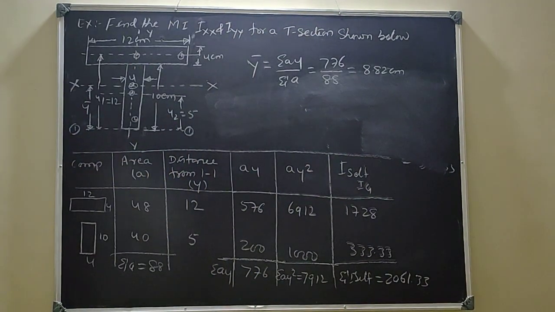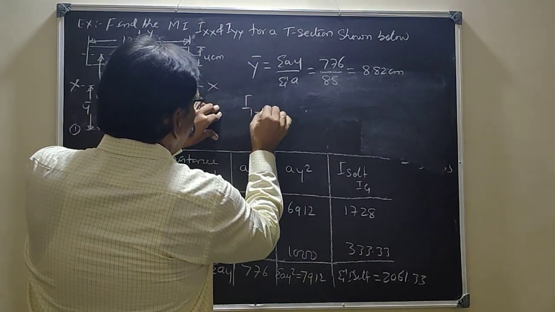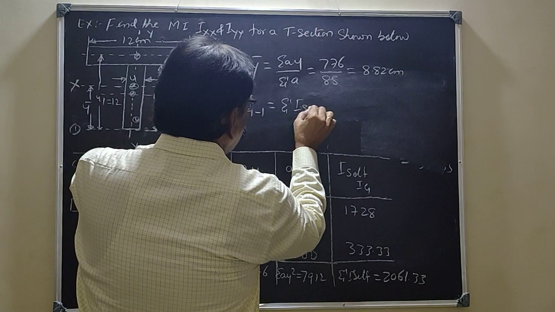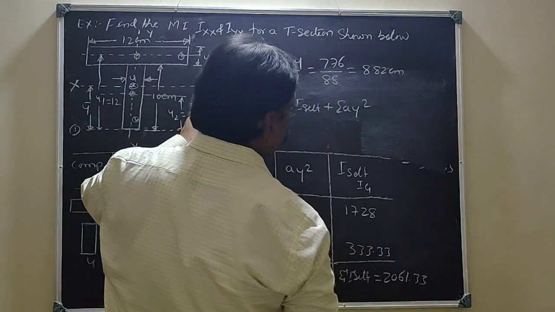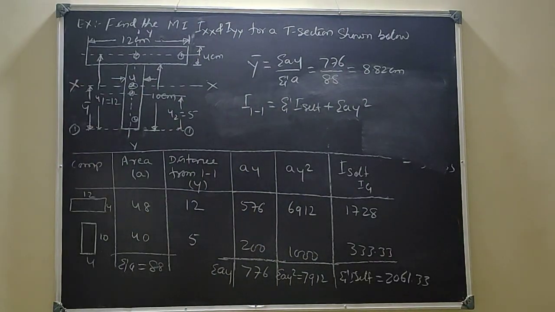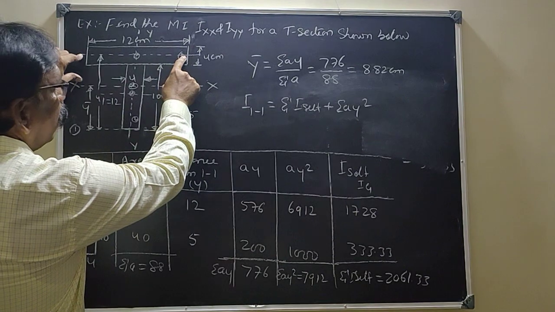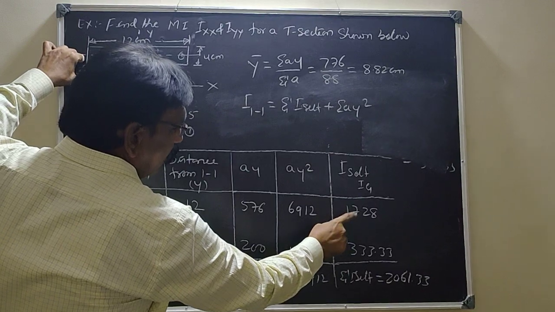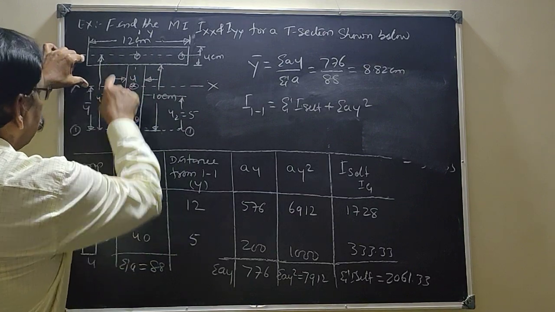Now what you have got is, according to the parallel axis theorem, I11 is equal to sigma I self plus sigma ay square. So first, we know the moment of inertia of this about its central axis, that is being transferred. So this is the I self and that is transferred by multiplying area by the square of the distance.